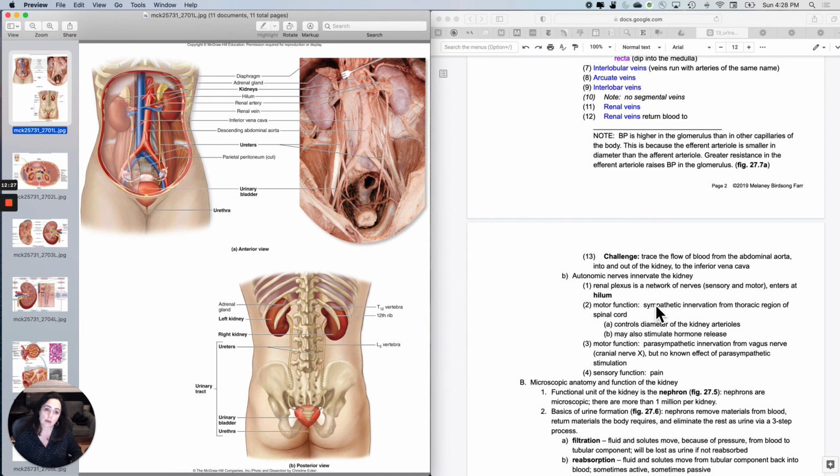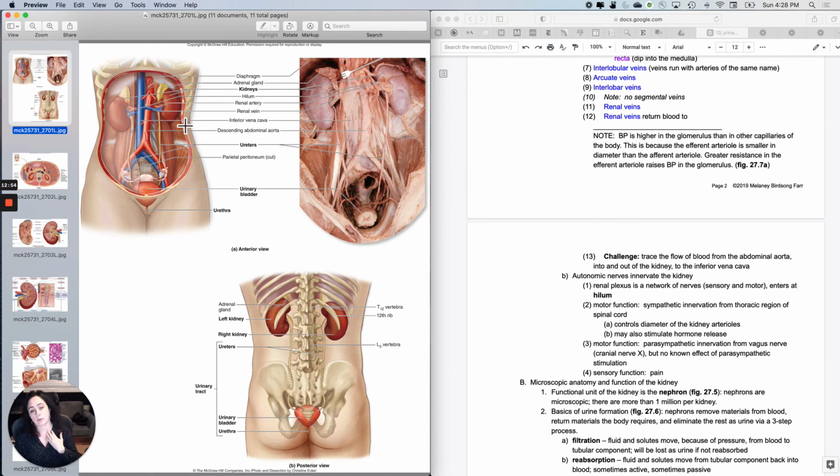It has sensory and motor nerves, and they enter at the hilum, so they go in this side right here. And the motor function, basically you have sympathetic innervation that's coming from the thoracic region of the spinal cord. And primarily what it's doing is controlling the diameter of the arterioles leading to the kidney. And it may also have a function in stimulating hormone release, but we're not really sure.